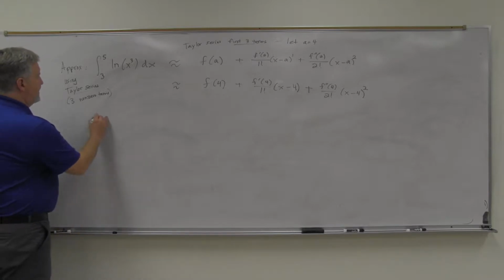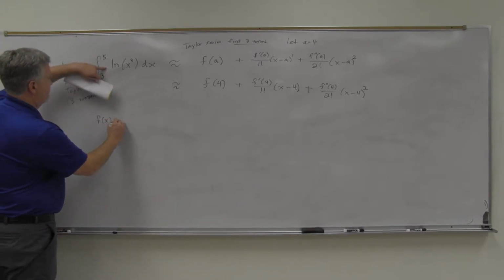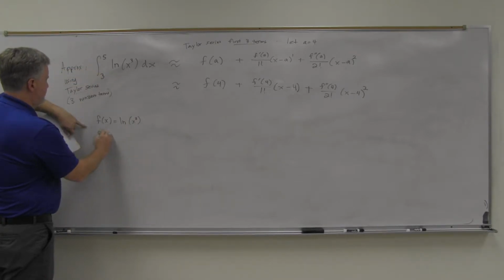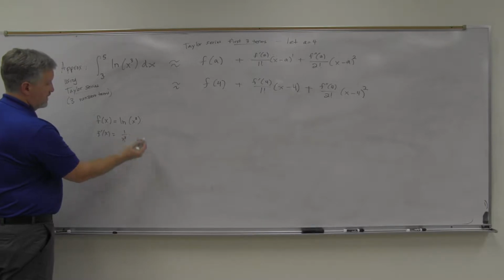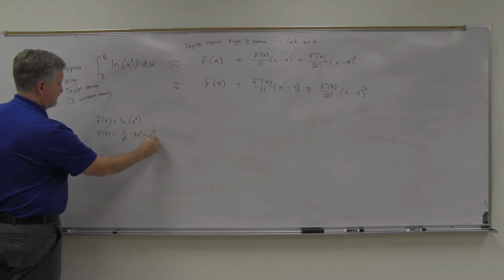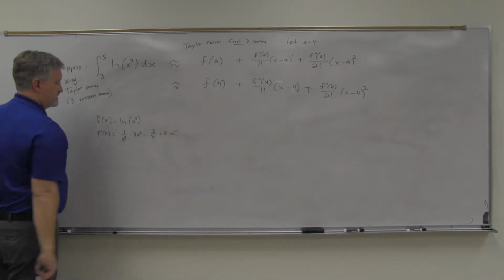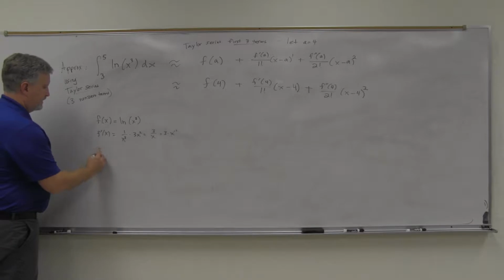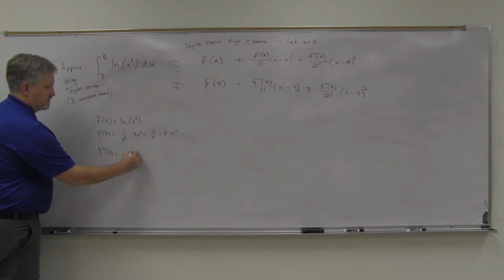All right, so we've got our f of x is this ln of x cubed. So the first derivative would be 1 over x cubed, but by chain rule times 3x squared. Hey, that's just 3 over x, isn't it? And for derivative purposes, it's 3x to the negative 1, because the second derivative then would be negative 3x to the negative 2.